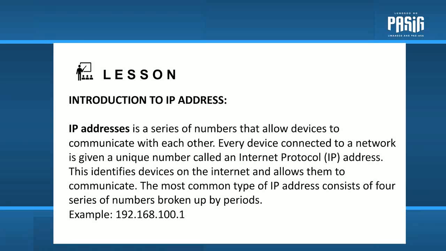This identifies devices on the Internet and allows them to communicate. The most common type of IP address consists of 4 series of numbers broken up by periods. Example: 192.168.100.1.